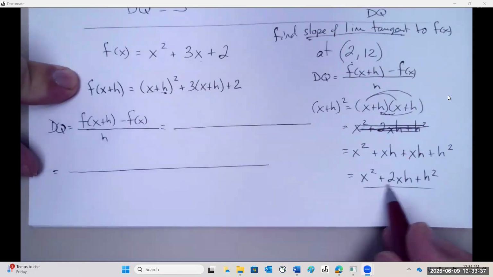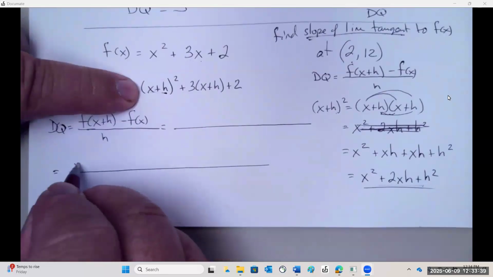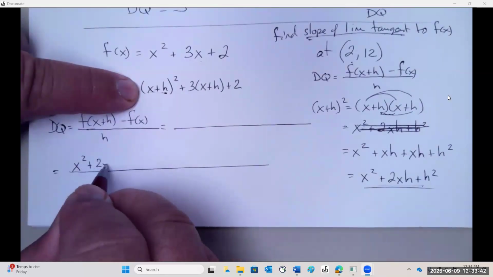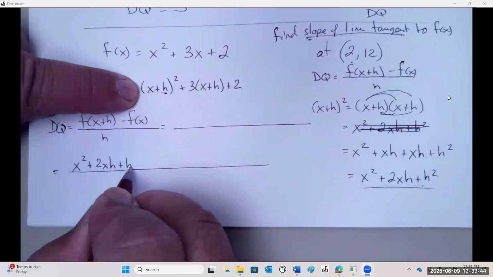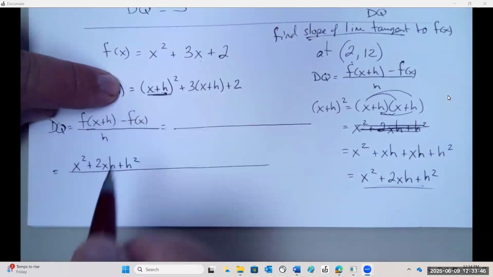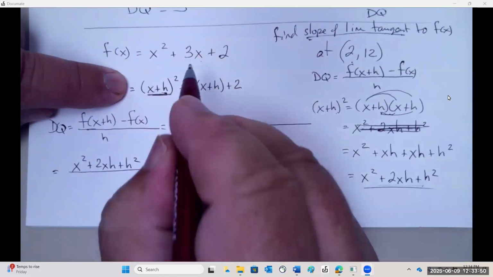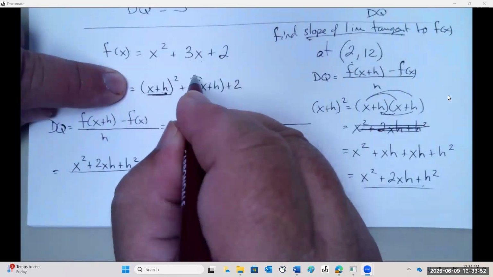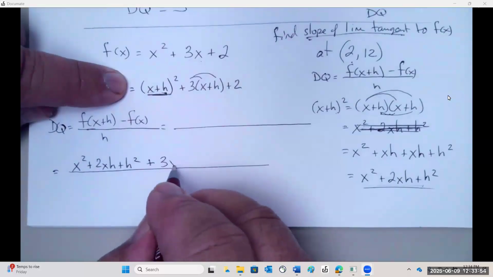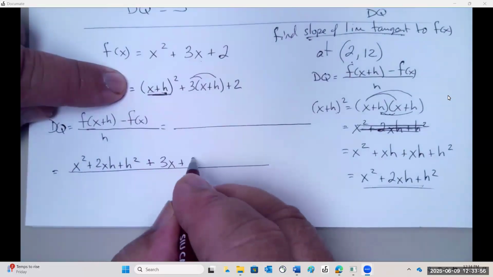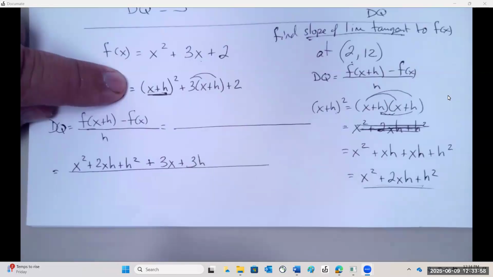So it's going to be x squared plus 2xh plus h squared, that's the first part, plus 3x plus 3h.